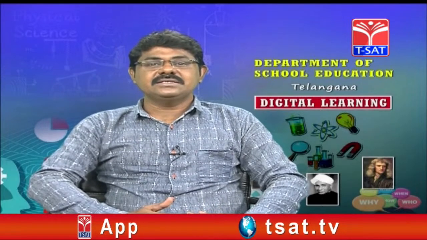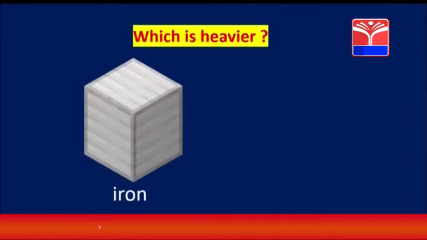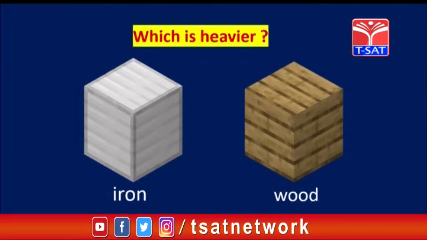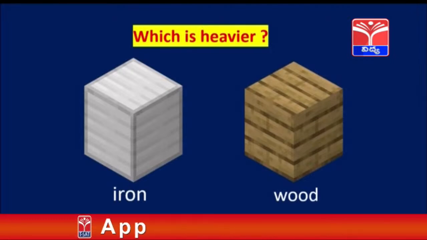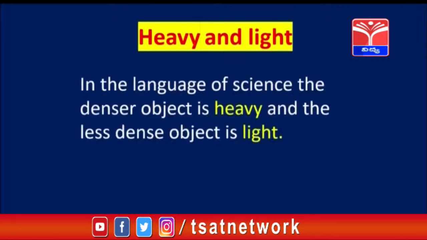Now again we will think which is heavier. Let us see, this is an iron cube and this is a wooden cube. You can see clearly both have the same volume. One is made up of iron and the other one is made up of wood. So everybody can say iron is heavier and wood is less heavy, that means lighter. So in the language of science, how can you say it? Heavy and light in the language of science.